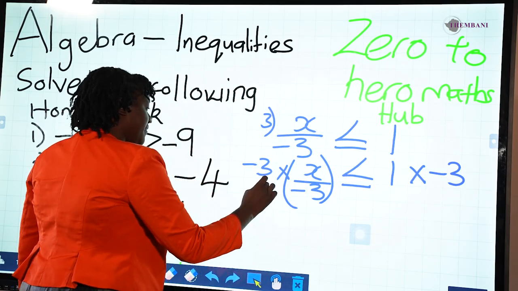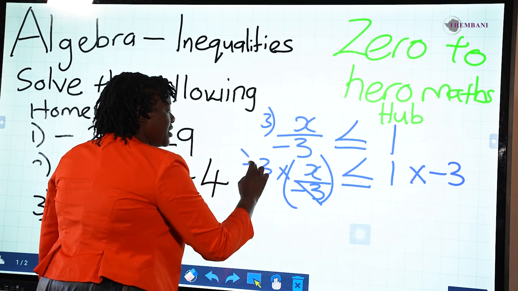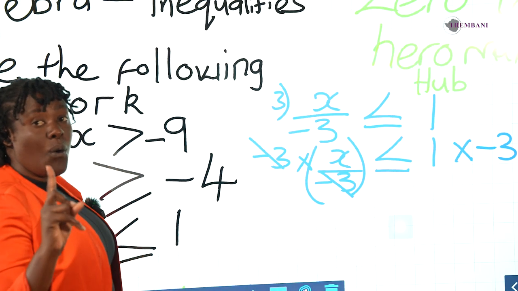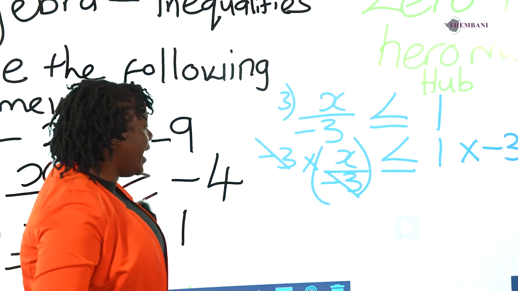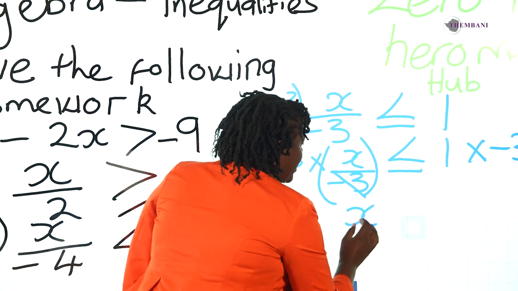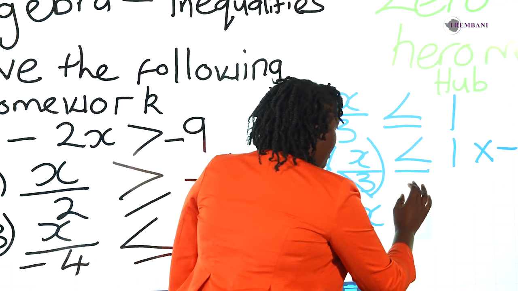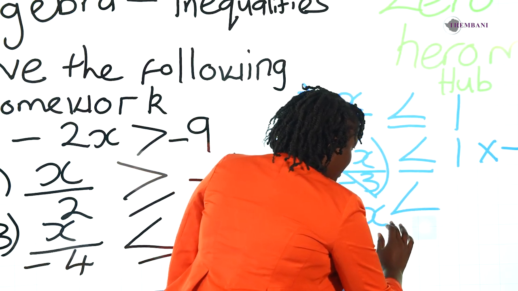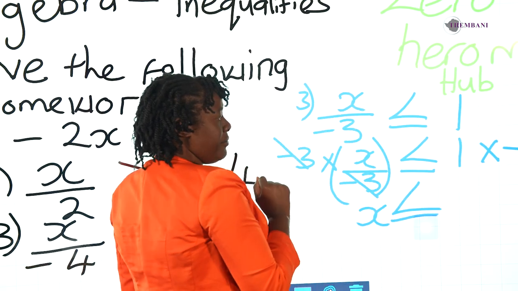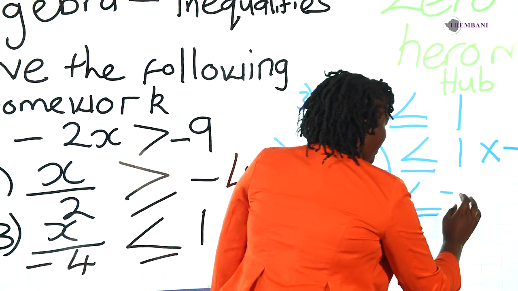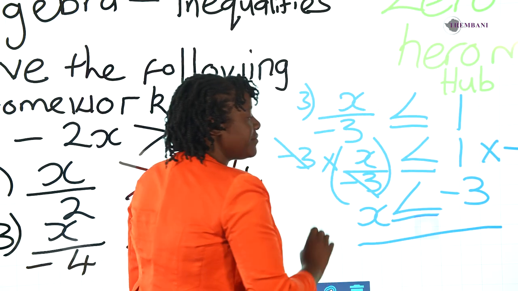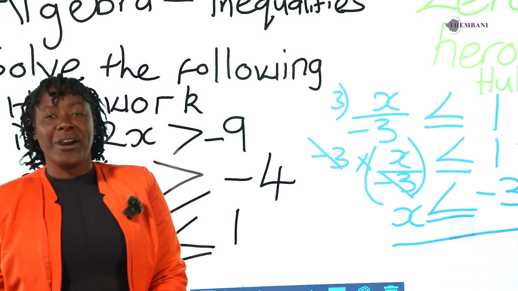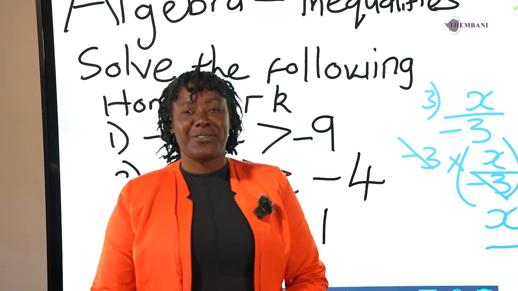This negative 3 divides into this negative 3 and we get a 1. Then 1 multiplied by x gives us an x, which is positive. This is less than or equal to 1 multiplied by negative 3, which gives us a negative 3. This was our homework. I hope you managed to get all the questions correct.